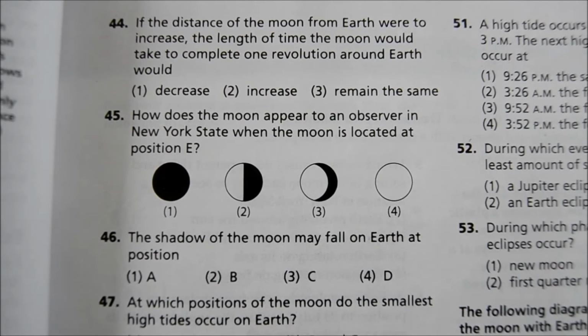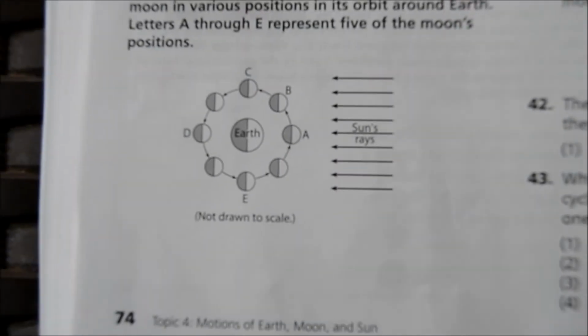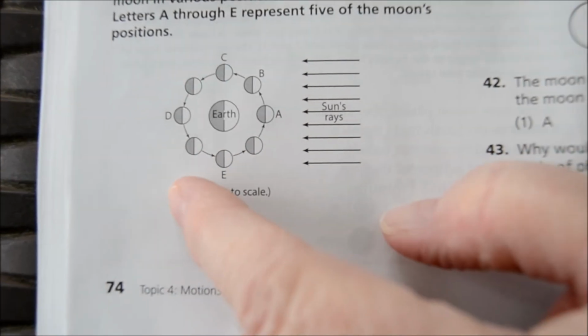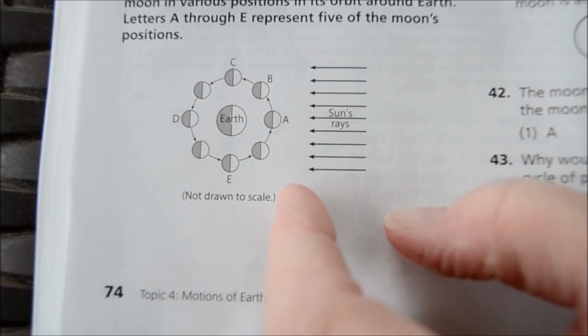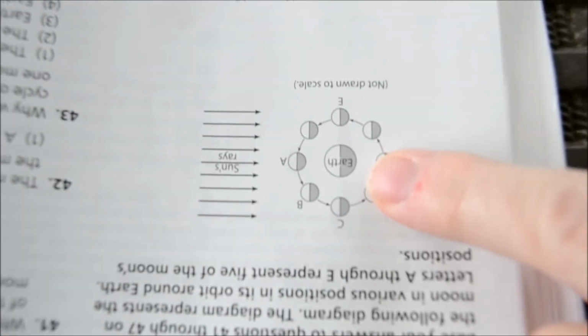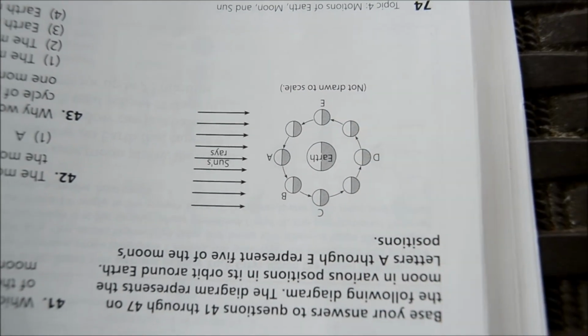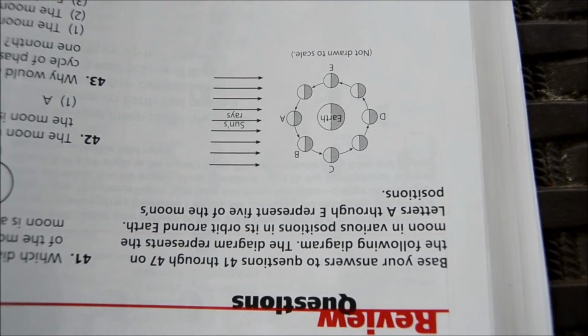Going back, looking at position E on your diagram, it looks like the left side is dark and the right side is illuminated. What you need to remember is you're looking from the Earth. So, the easiest thing to do is actually rotate. So if I look at position E, it's the left side that's illuminated and the right side is dark. So that one is going to be choice 2.